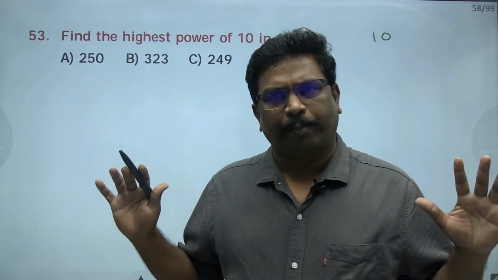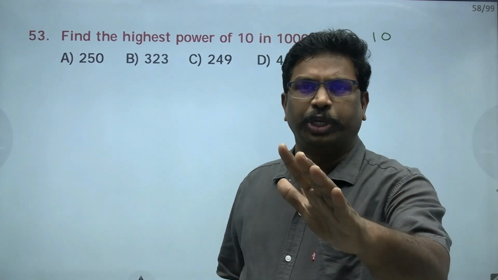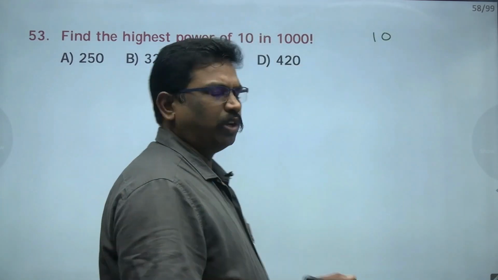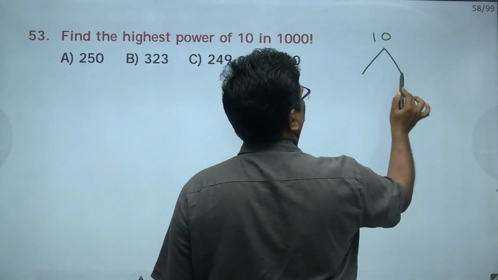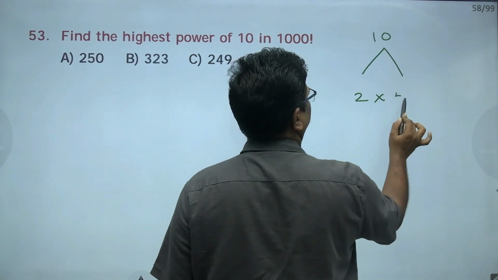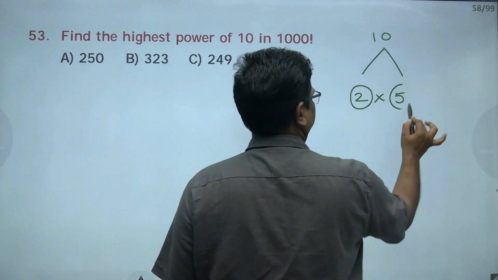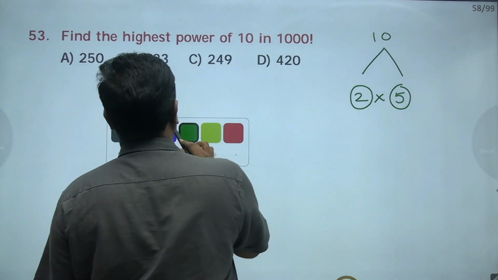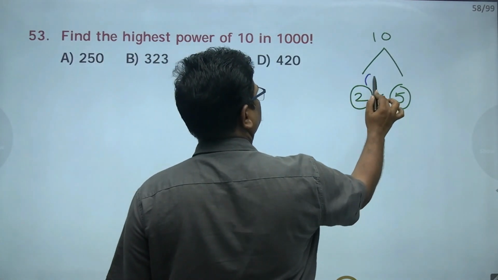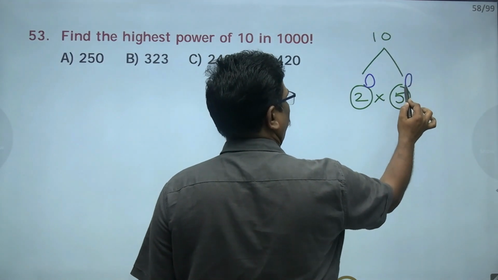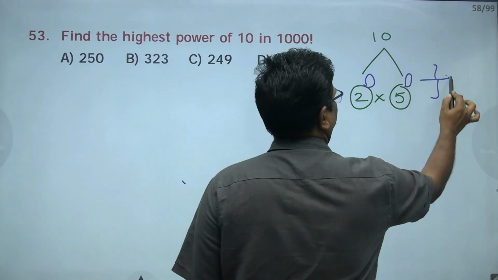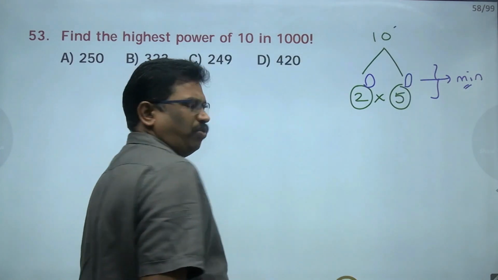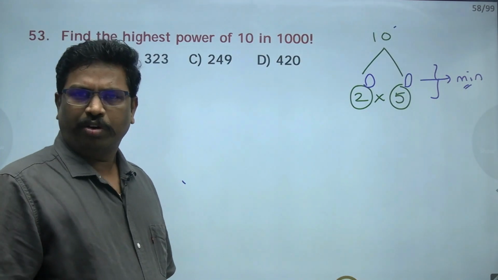Look, I am writing 10 as a product of two prime numbers, 2 into 5. Yes or no? So now it's fine. Now your responsibility: find the highest power of 2, find the highest power of 5, and then take the minimum power. Whichever is minimum, that is the highest power of 10. Right?